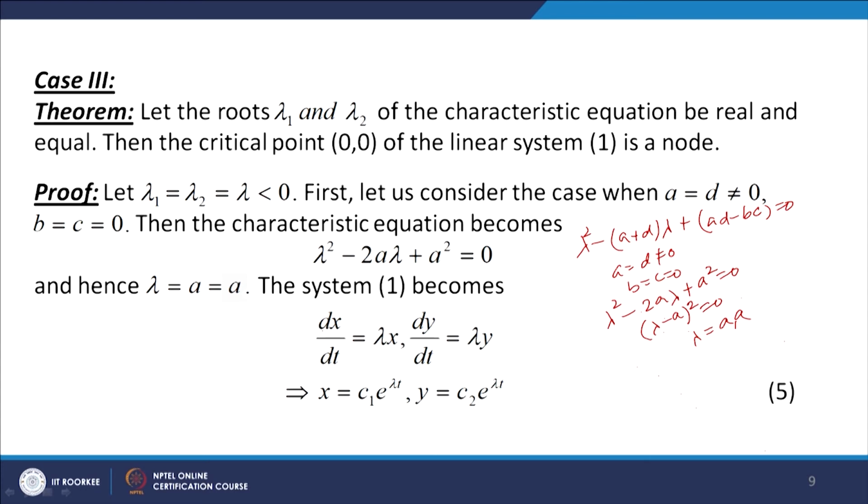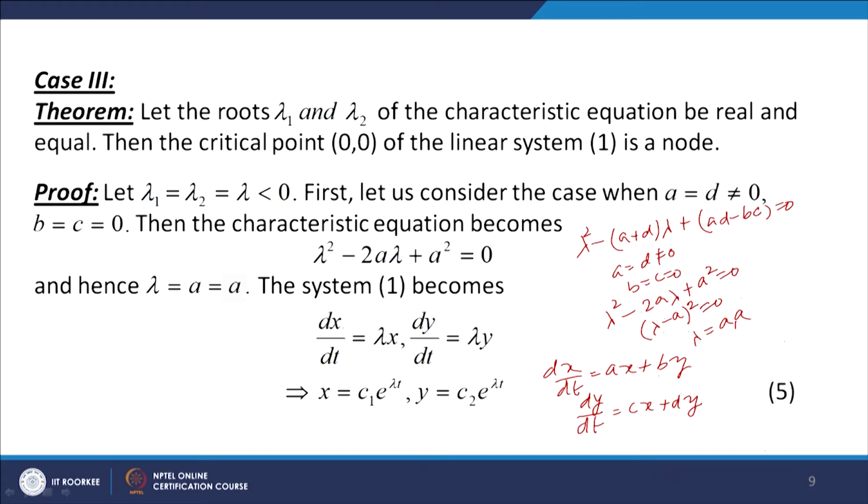So, the system of equations are dx by dt equal to ax plus by, dy by dt equal to cx plus dy. So, a is equal to lambda and b equal to 0, so I will get dx by dt equal to lambda x, and here c is equal to 0, d is equal to lambda, so we have dy by dt equal to lambda y.